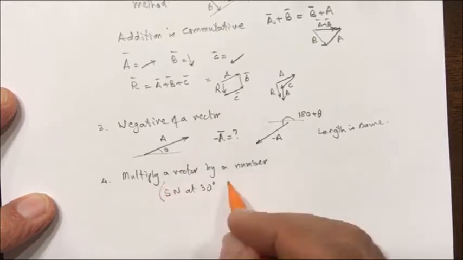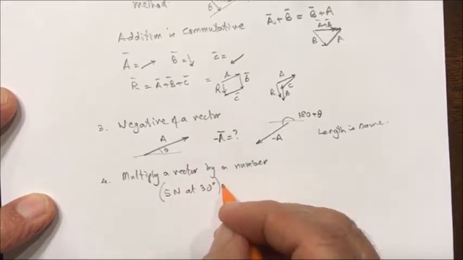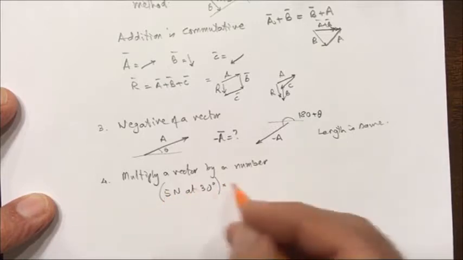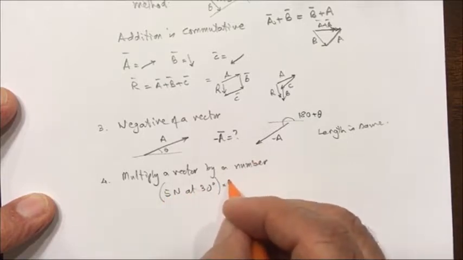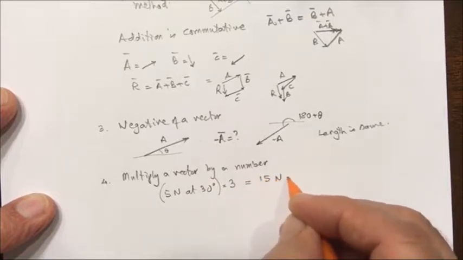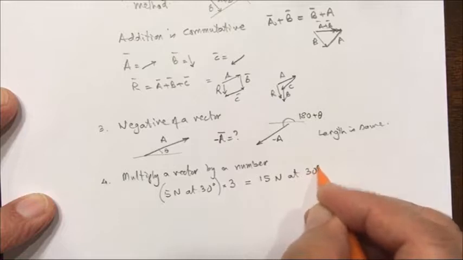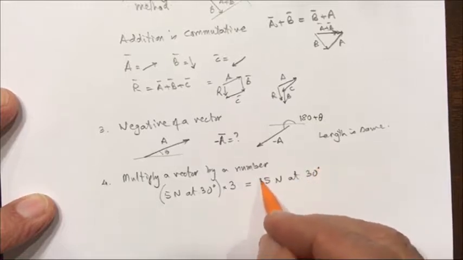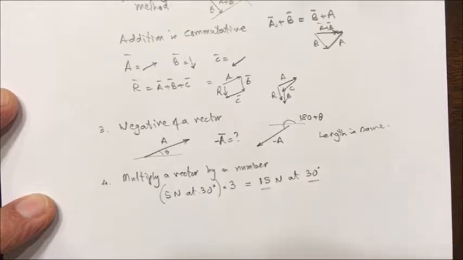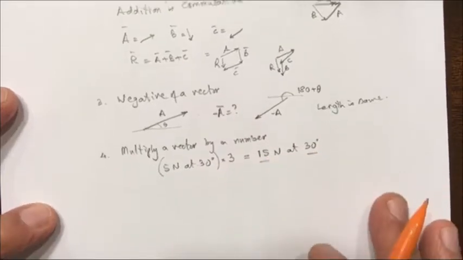If I have 3 such forces, all in the same direction, so it's the same force, and we multiply by 3 because there are 3 forces, it becomes 15 newtons at 30 degrees. The magnitude is multiplied by 3, but the angle remains the same. So we never change the angle in this way, we just change the magnitude.